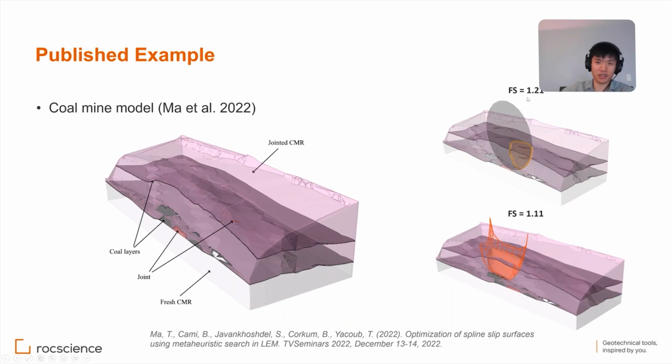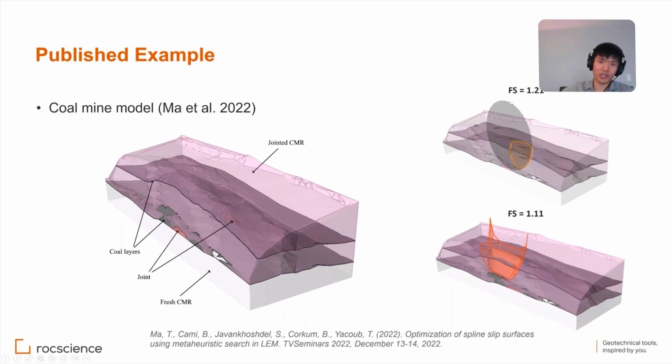And the ellipsoid search alone was able to find 1.21 Spencer, whereas the spline search, because it's so much more flexible and it's able to warp the surface a little closer to what these joints look like, it was able to find a factor of safety of 1.11.